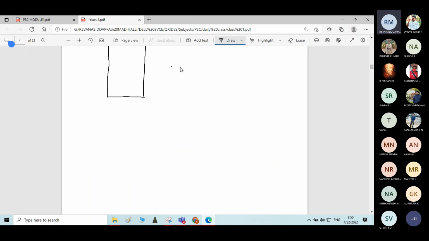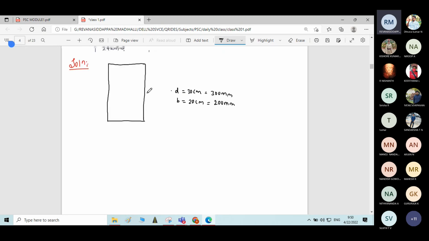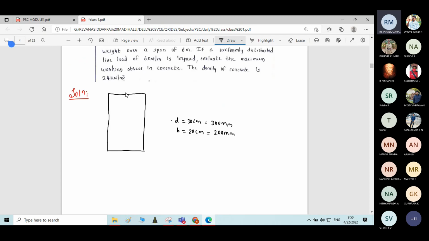The depth of the beam D is given as 30 centimeter. In terms of millimeter, it is 300 millimeter. And width of the beam is given as 20 centimeter, which is 200 millimeter. So I'll write the cross section as 300 by 200.